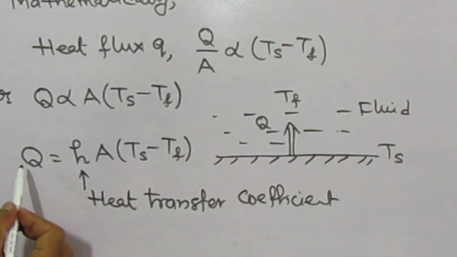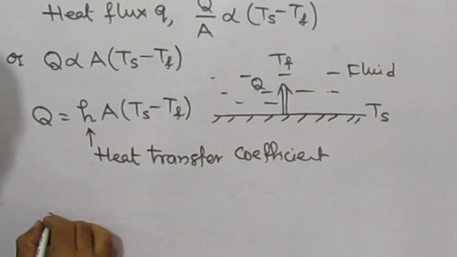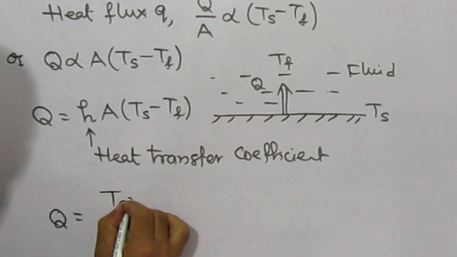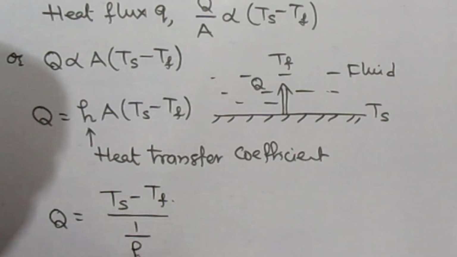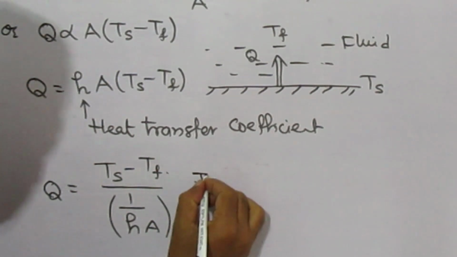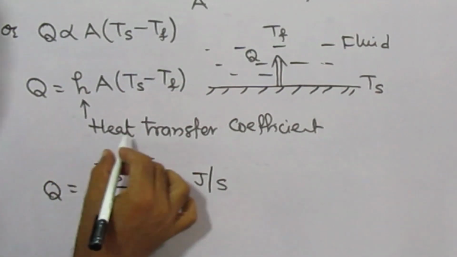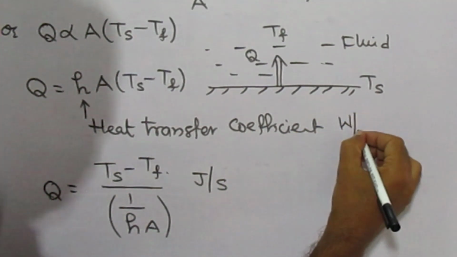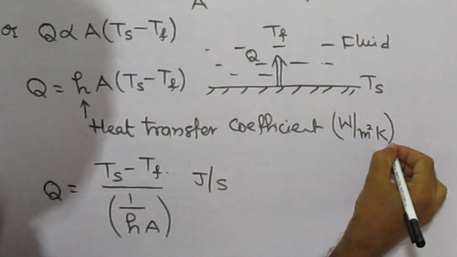So heat transfer by convection, Q equals H A (Ts minus Tf), and it can be written as Q equals (Ts minus Tf) upon 1 upon H A, in watt or joule per second, and the unit of heat transfer coefficient is watt per meter square Kelvin. This is the unit of H.